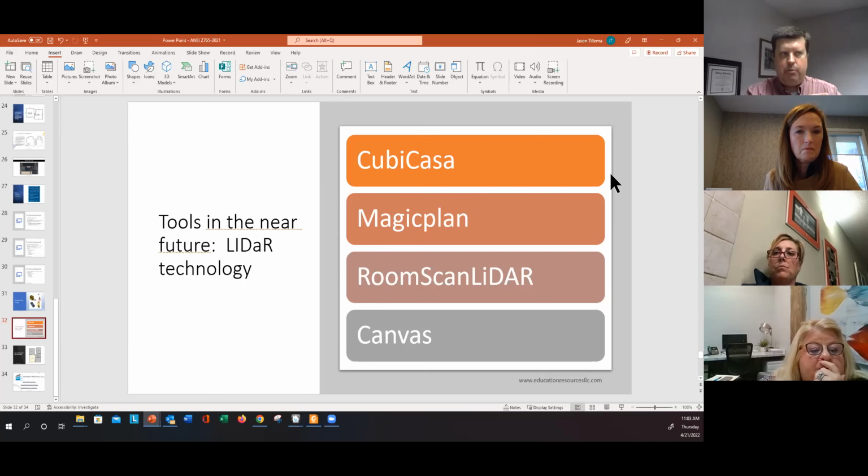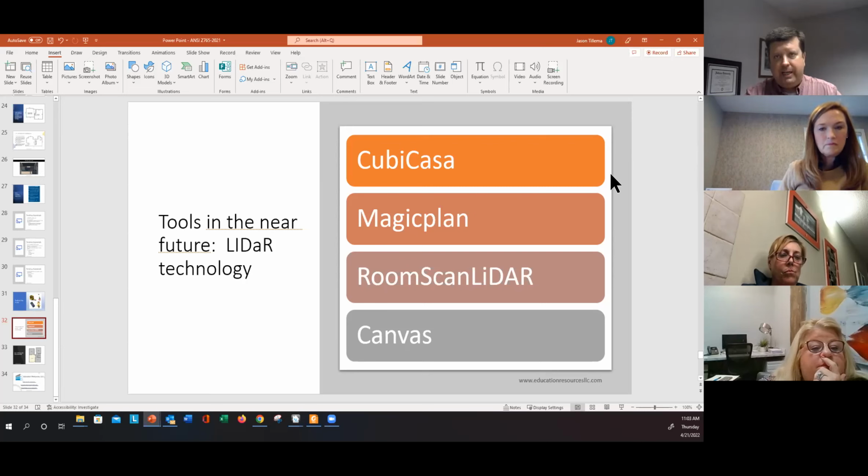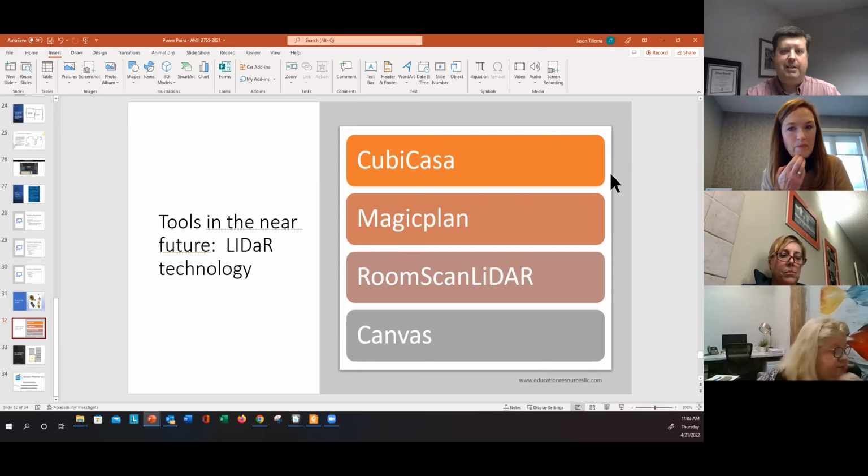Magic Plan is another one. The reason I have not tried Kubicasa is because it's $35 per report. I've already looked at 10 properties this week, so it can get pretty expensive.